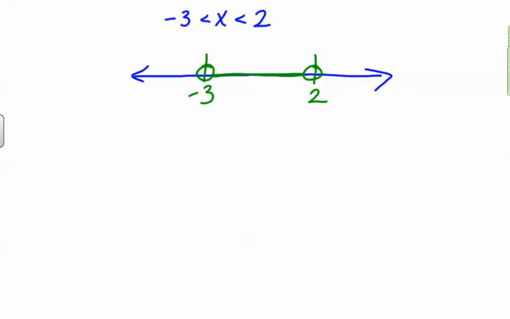In interval notation, the -3 is not included, and the 2 is not included, but those are the reference points or the endpoints of my line segment. So this is how you would express the inequality -3 is less than x, which is less than 2, in interval notation.